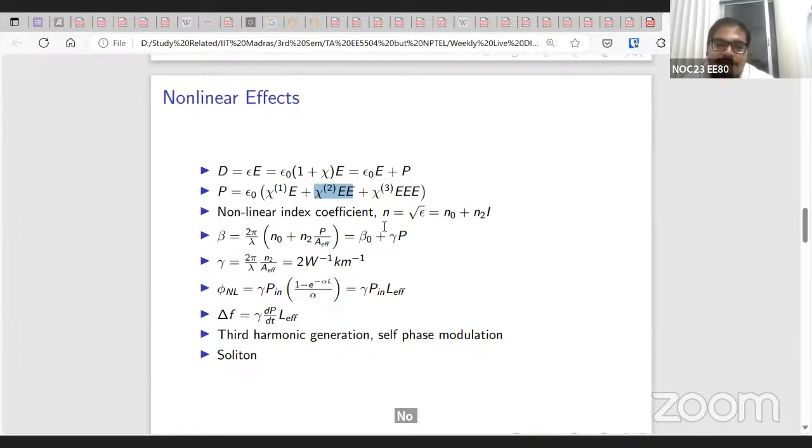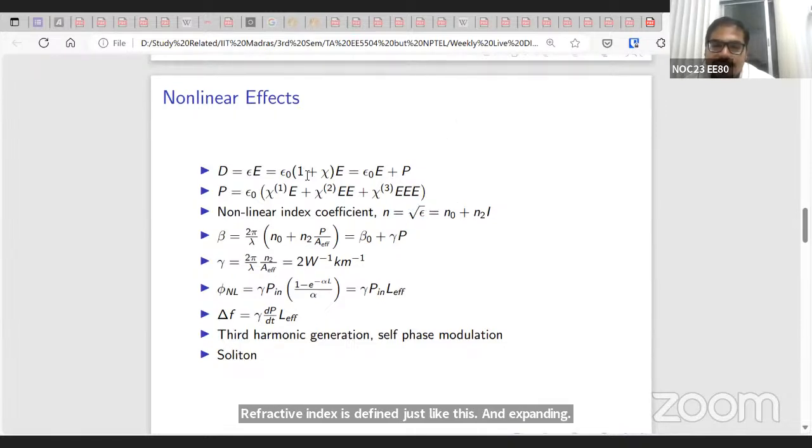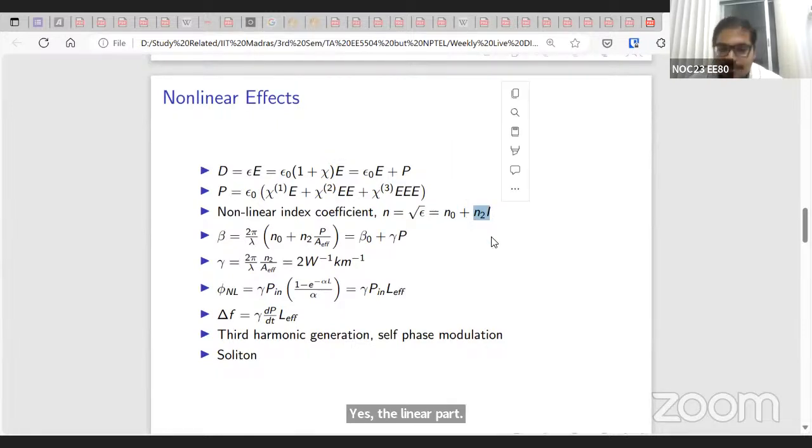Then refractive index is defined just like this, and expanding this epsilon using chi, we have this approximate expression that the refractive index is this, the linear part, summed with this nonlinear refractive index parameter.